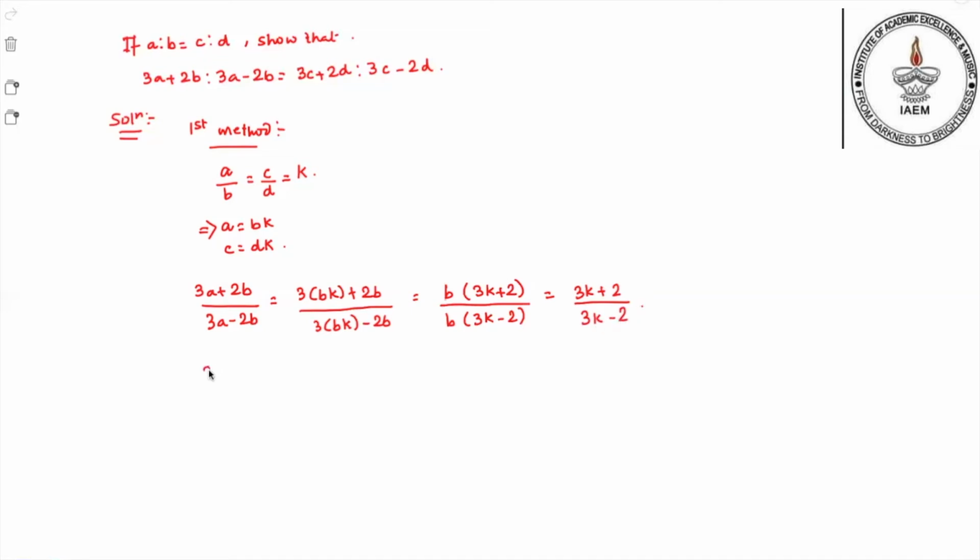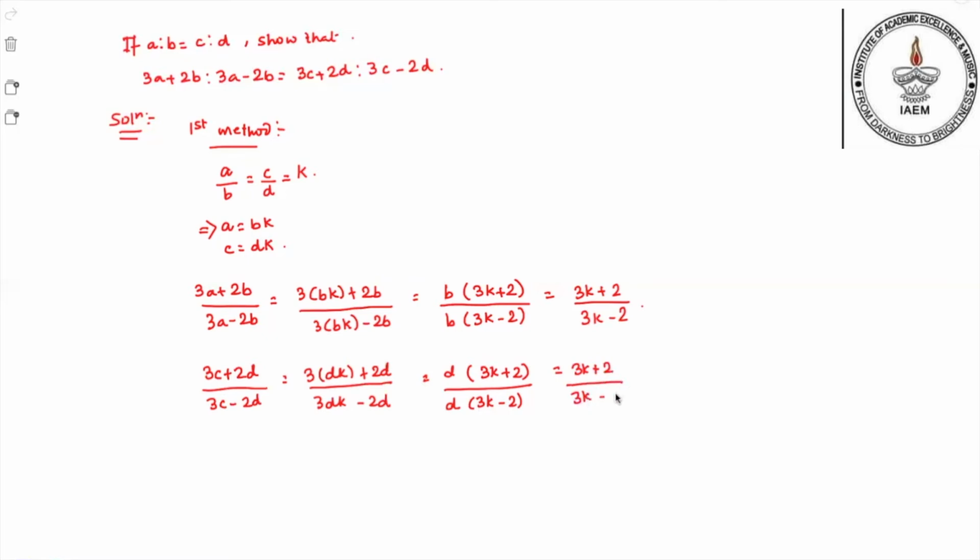Similarly, if we look at 3C plus 2D by 3C minus 2D, we'll get (3 into Dk plus 2D) by (3 into Dk minus 2D). That is, if we take D common, D(3k plus 2) by D(3k minus 2), which is (3k plus 2) by (3k minus 2).